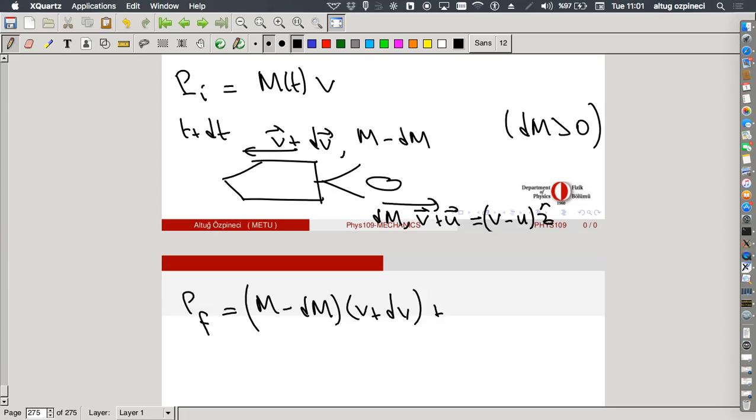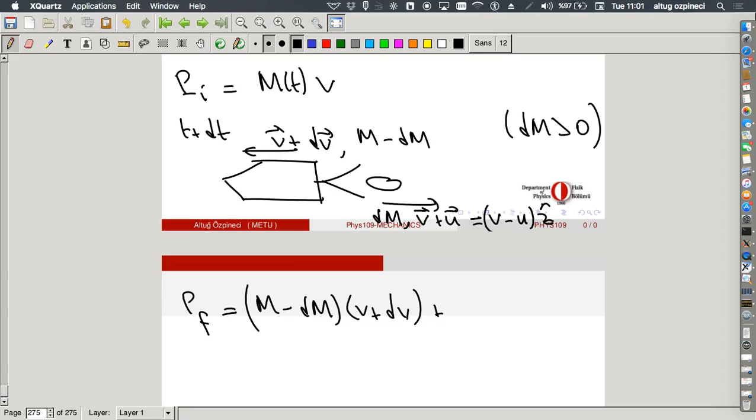Remember, my whole system is the rocket plus the exhaust. The momentum of this whole system should be conserved. Initially, the rocket was moving with speed v, its mass was M, so the initial momentum was M times v. Now, some exhaust has left with a speed v minus u in the z direction, and my rocket now has speed v plus dv in the z direction, so this is the momentum of my rocket.